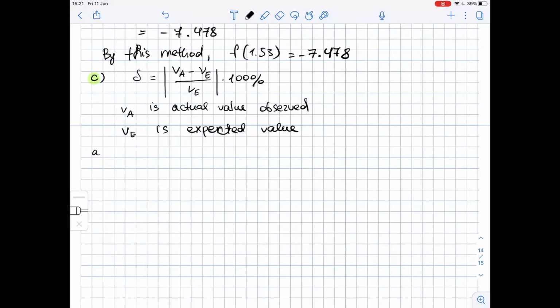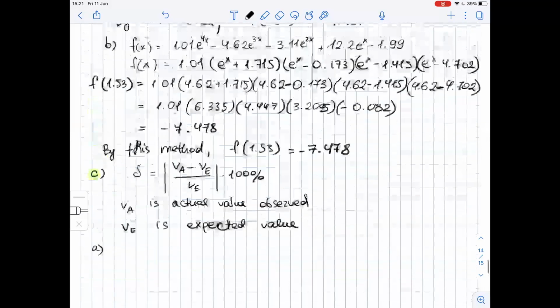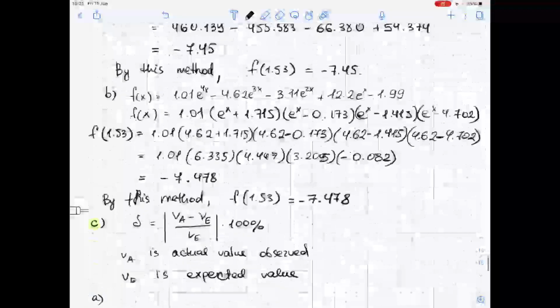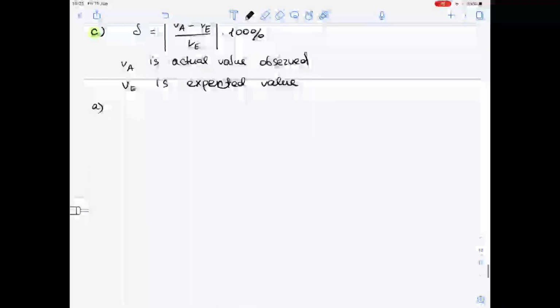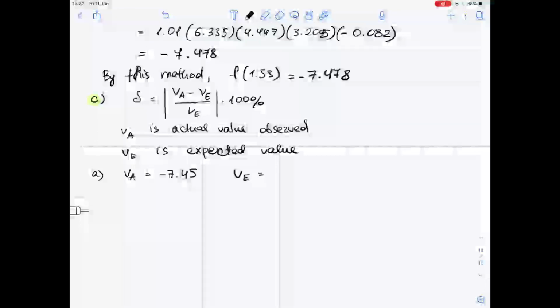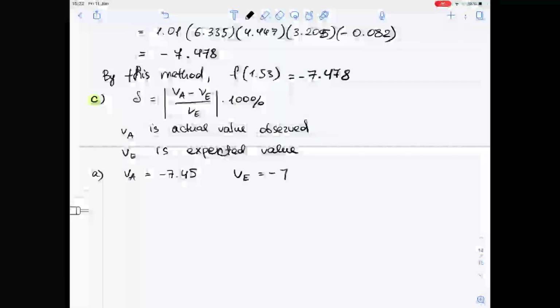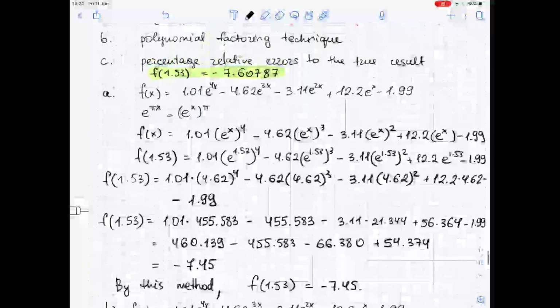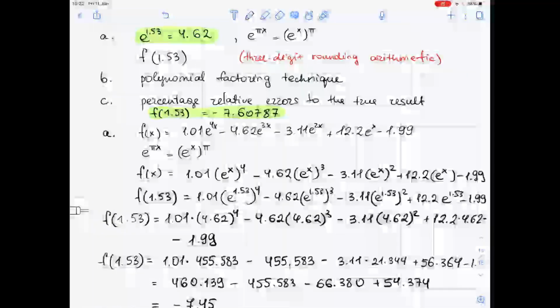So for part A, the actual value observed was negative 7.45. So VA equals negative 7.45. And the expected value was the same for both part A and part B. This is negative 7 point, right here.